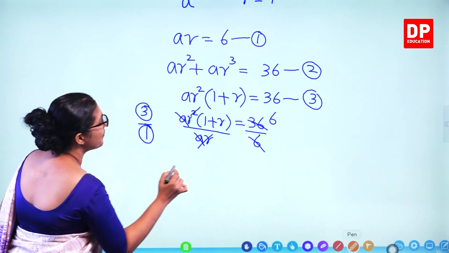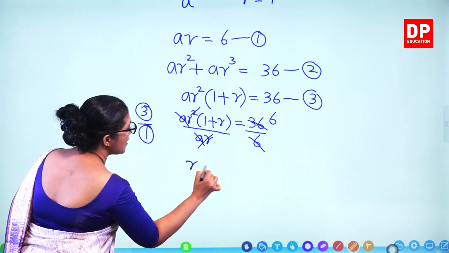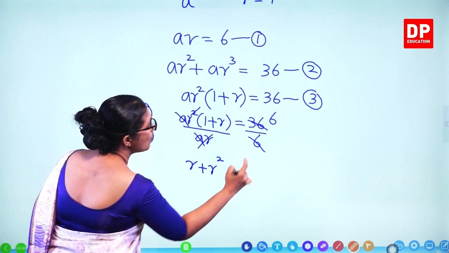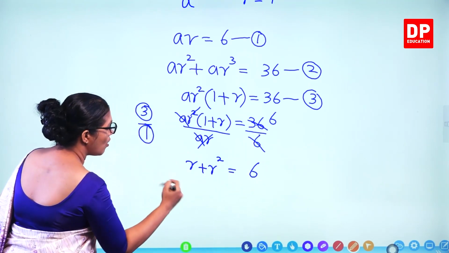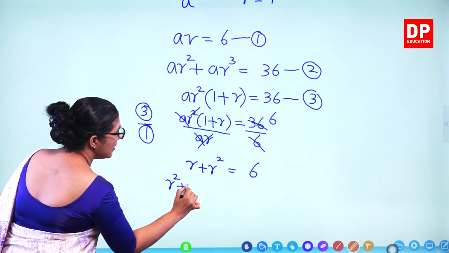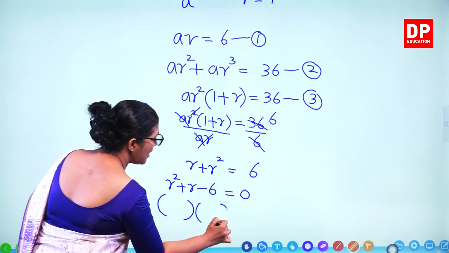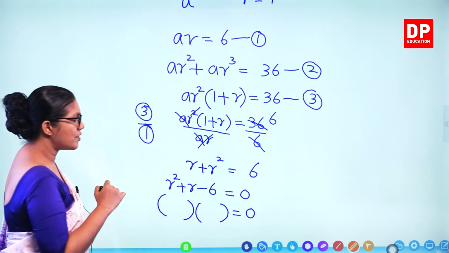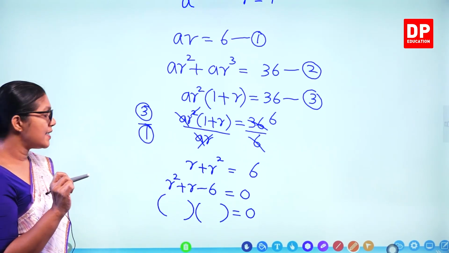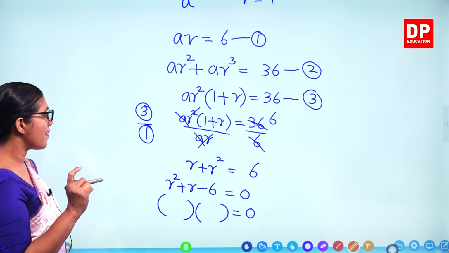What's the value here? r plus r squared is equal to 6. Take all terms to one side and try to factorize and see what are the possible r values. Factors of minus 6 and the middle term is r.